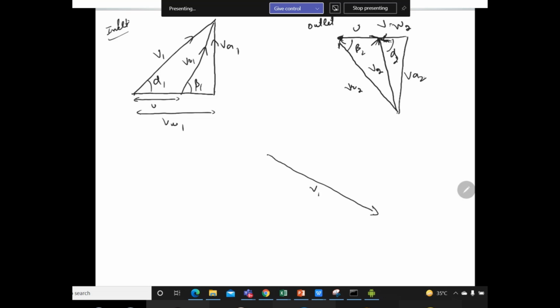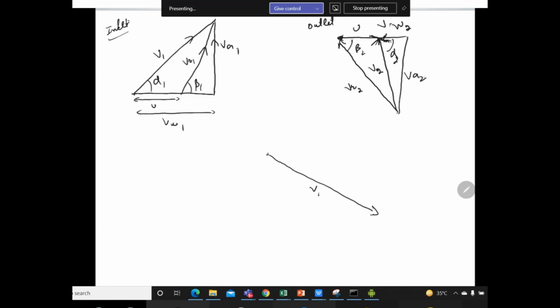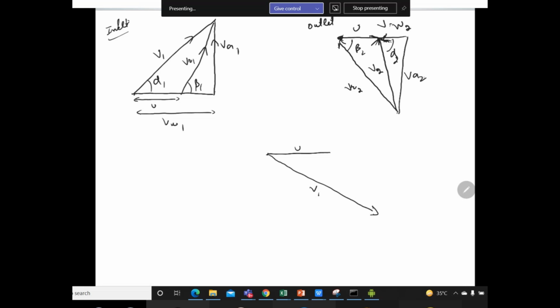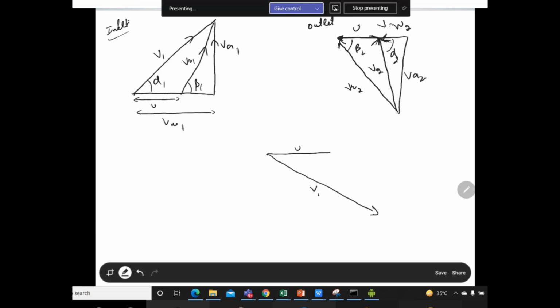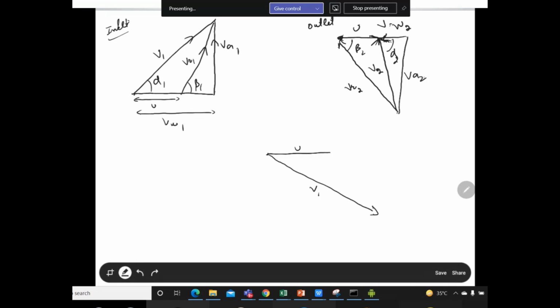V1 comes from the inlet velocity diagram. Then we have U over there, which is the blade velocity, and then we have VR1, which also comes from the inlet velocity diagram.